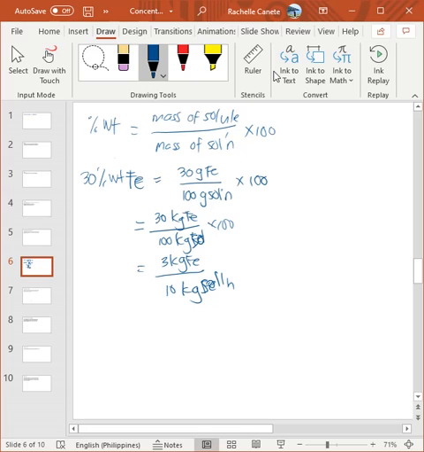This is solution. Di ba? That's the same. The advantage of weight percent, class, is that you can just adjust this into something useful sa imuhang calculation, what you need. So, if you need kilogram, then you use kilogram in equating that percent weight.